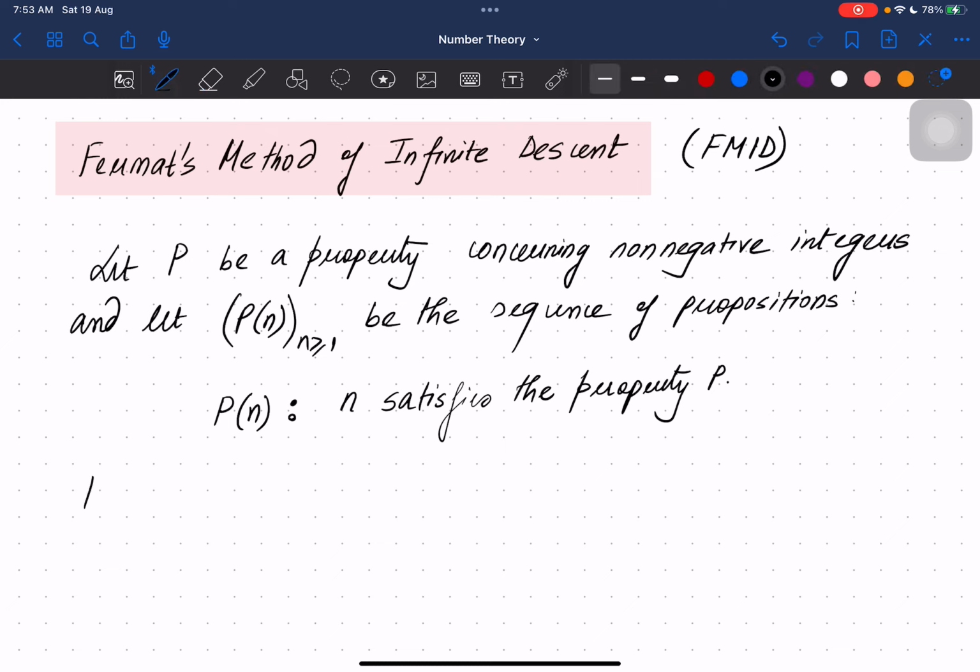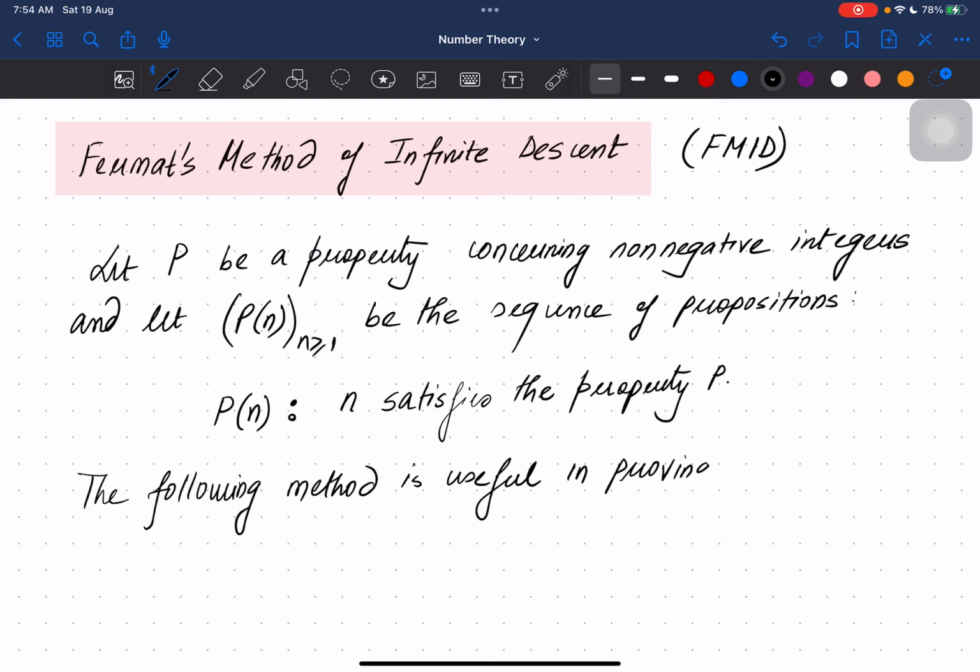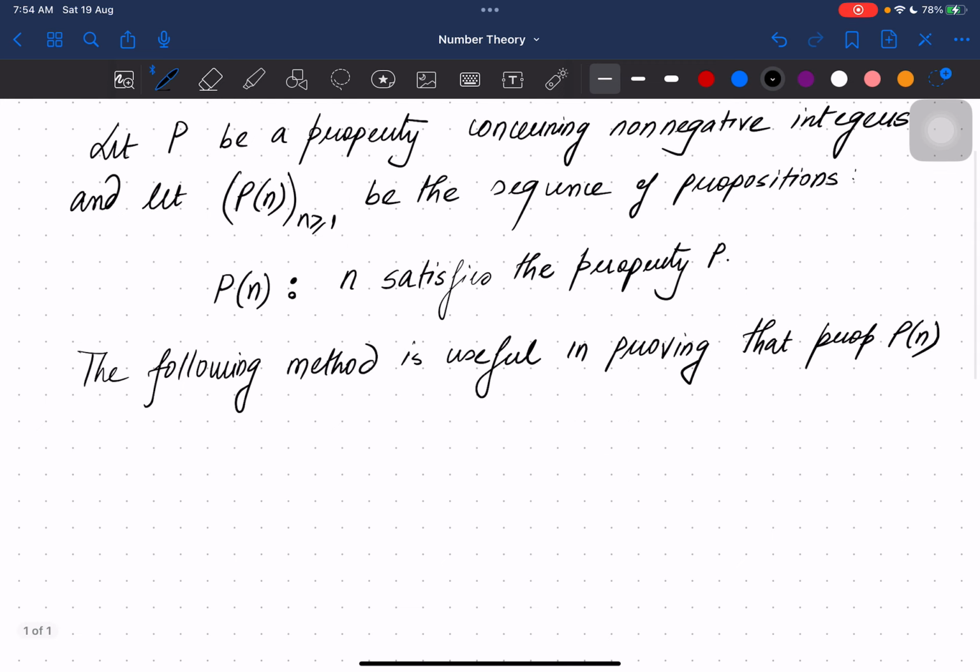So the following method is useful in proving that the proposition Pn is false for all large enough n.